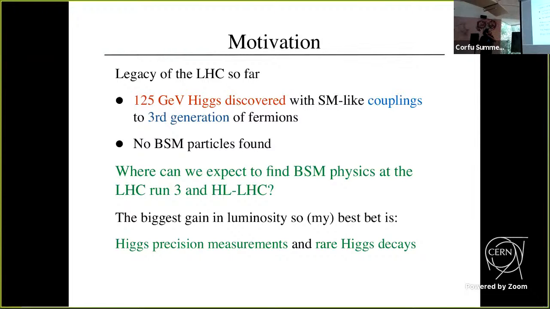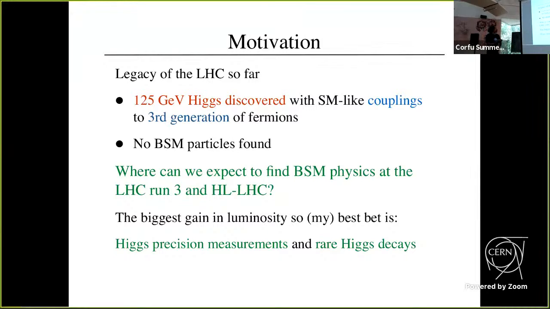Okay, so very briefly, the main legacy of the LHC so far is that the Higgs has been discovered, the mass has been measured very precisely, and also standard model-like couplings. Well, couplings to third generation fermions are more or less standard model-like, within 10, maybe 20%.